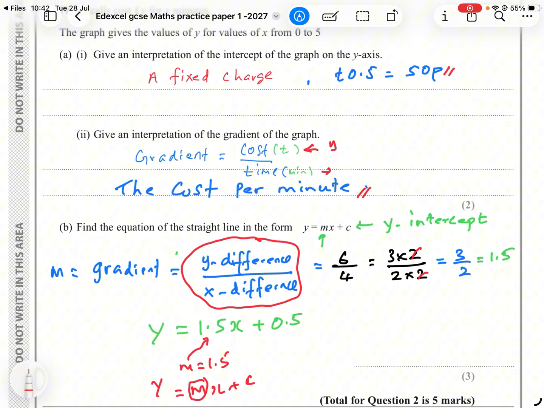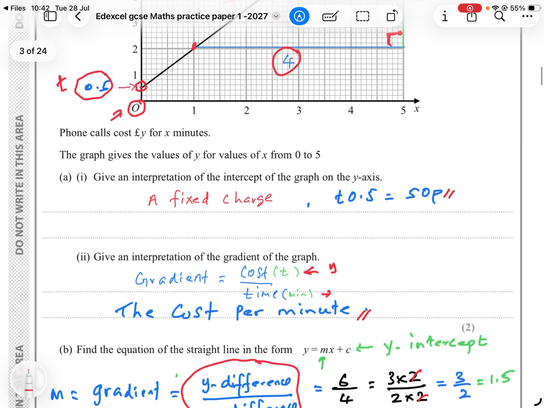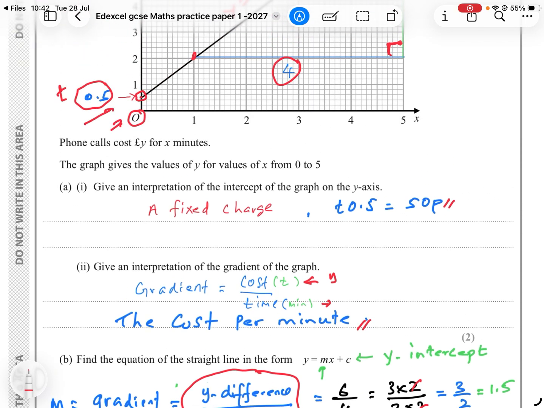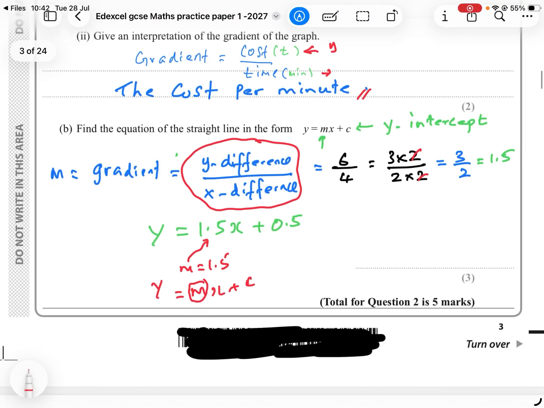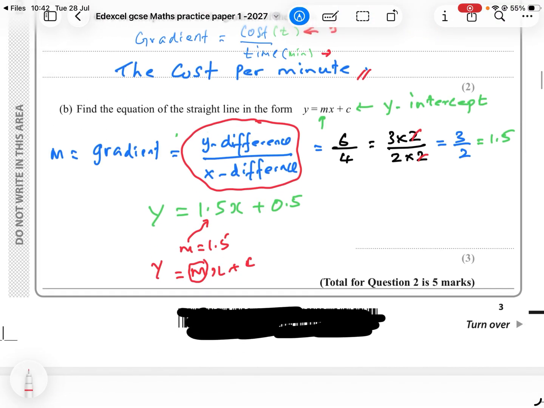The c is the y-intercept, this one, 0.5. So y equals 1.5x plus 0.5. That is the correct answer for this question. Thank you.